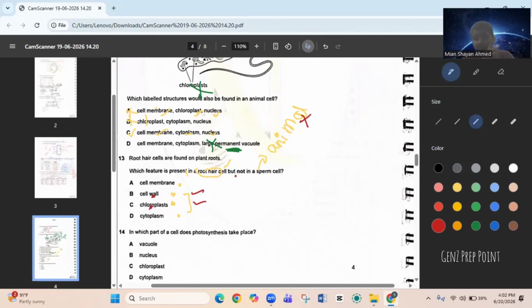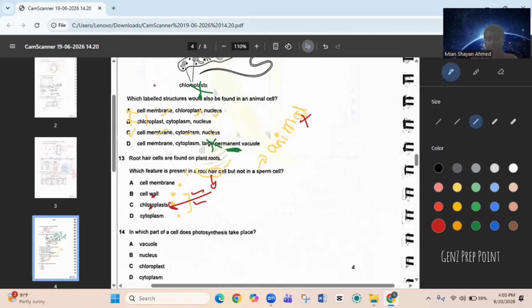But in previous MCQs, we discussed that root hair cells and stem cells do not have chloroplast because they are inside the soil. They have no contact with sunlight. So without any contact with sunlight, how can they generate energy? So they don't have chloroplast.